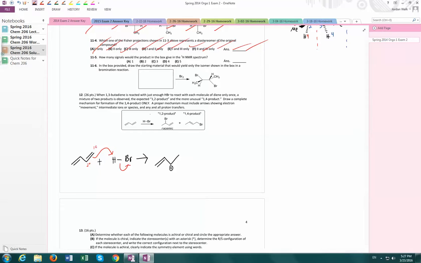This carbocation is going to have a resonance structure, and that resonance structure looks like this.